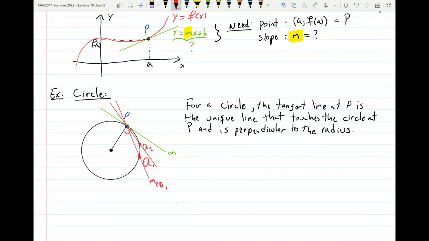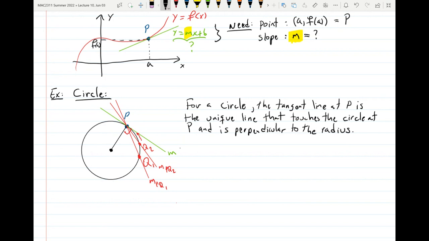Then we get a second slope, MPQ2, and so on and so forth. So this point is going to get closer and closer to the point P on the circle, and as it does, we start watching what happens to those secant lines. Hopefully you see that the closer the point Q is to P, the closer our secant line will be to the tangent line.